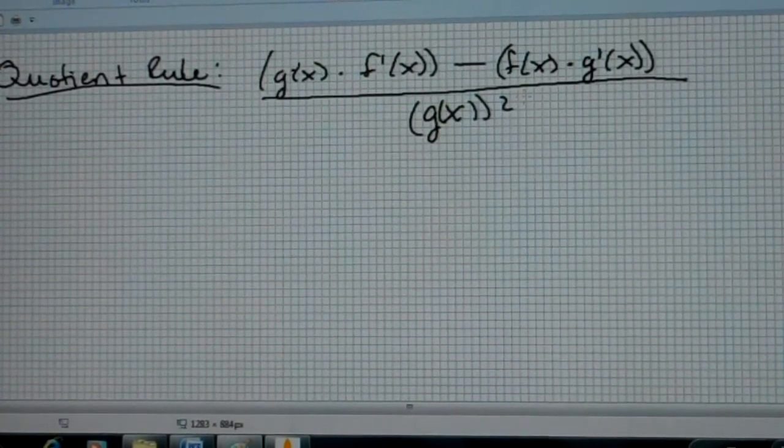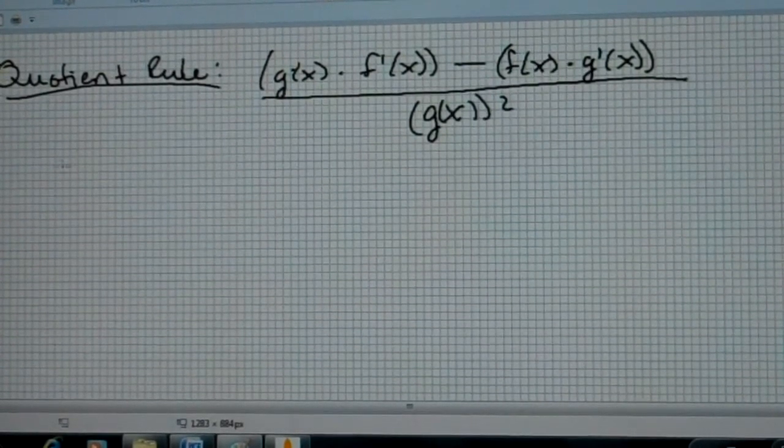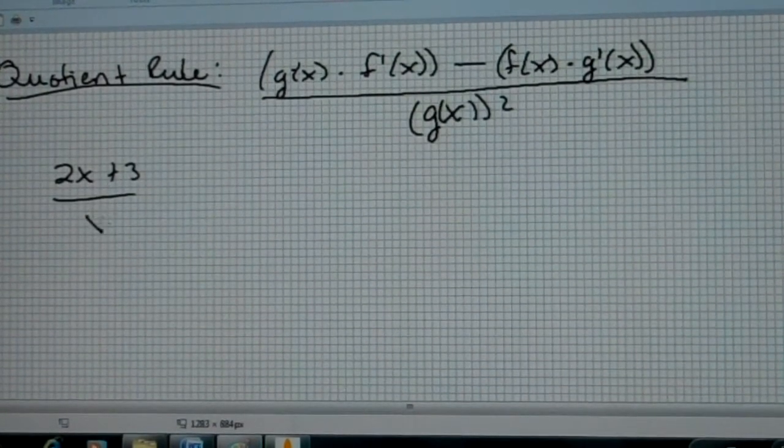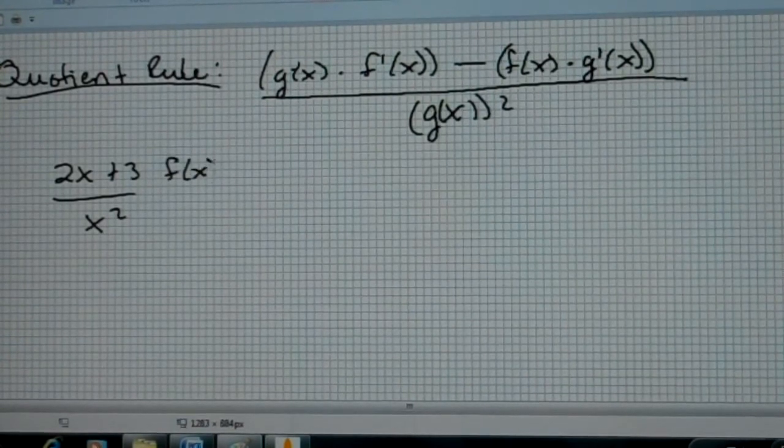So, for our first example, we are going to do 2x plus 3 over x squared. So essentially this is our f of x term and then this is our g of x term.